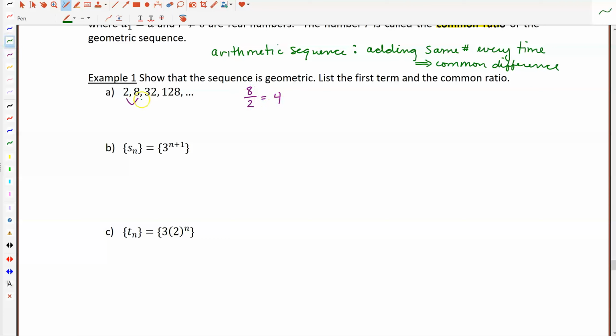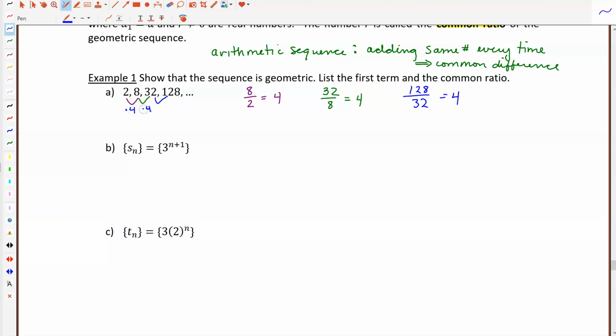If I build a ratio with the next two terms, it would be 32 over 8, which is also equal to 4. If I grab the third and the fourth term, the ratio would be 128 over 32, which you can verify also simplifies to 4. So for the terms that we're given so far, to get from one term to the next, we're always multiplying by 4 every single time.